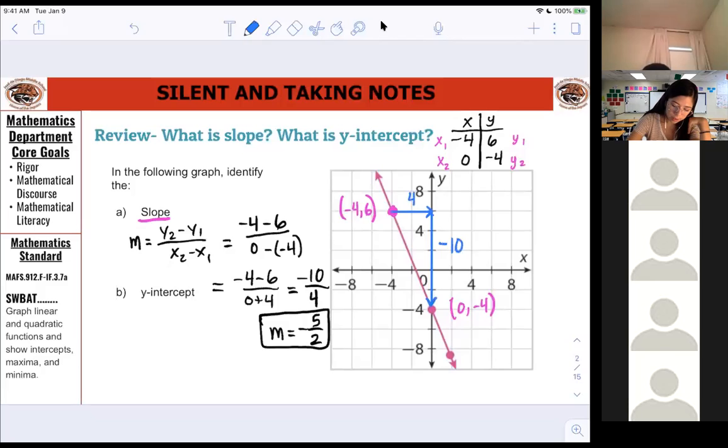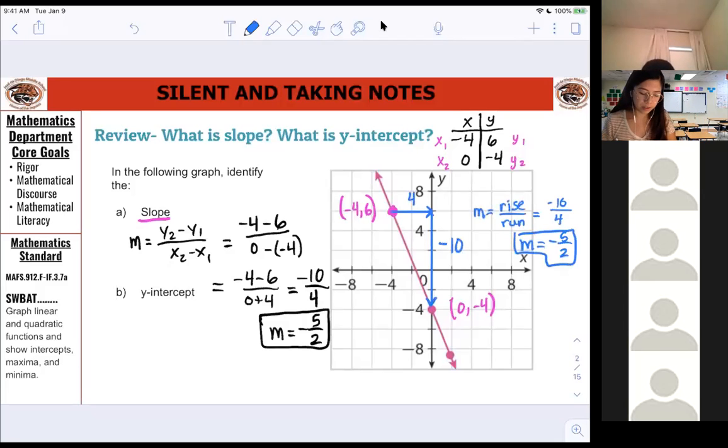Rise over run would mean that I have -10 over 4. So notice I get the same exact answer. I get -5 over 2. Whichever strategy you want to do, it'll still give you the same answer.